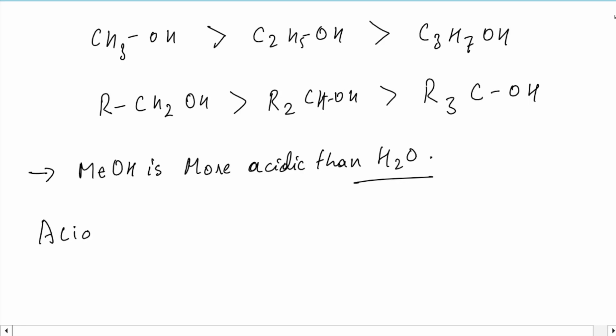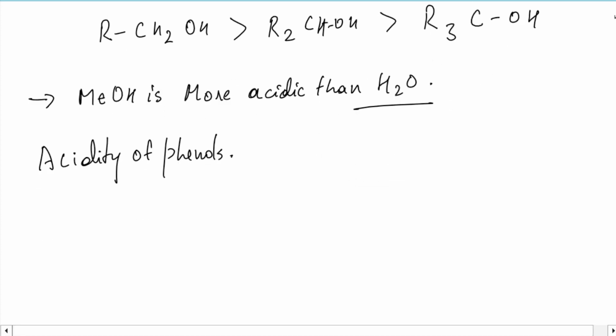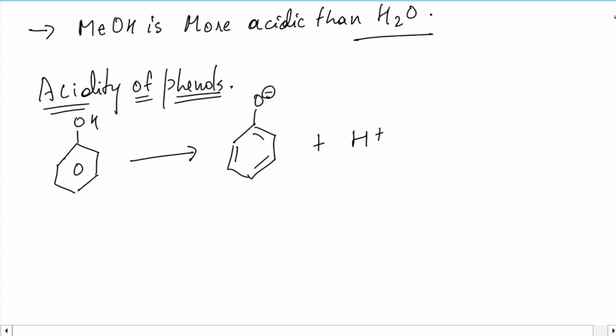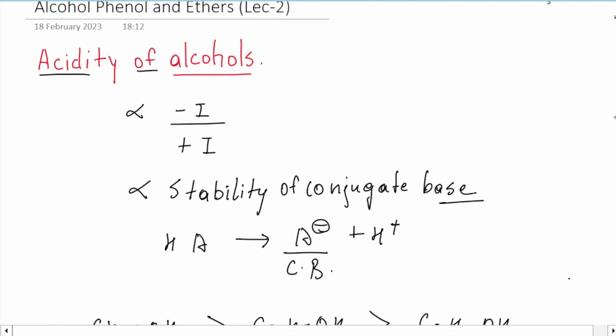Next is acidity of phenols. So why is phenol acidic? Because it gives phenoxide ion. Phenols are generally more acidic than alkyl alcohols.